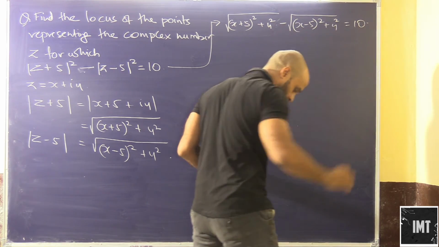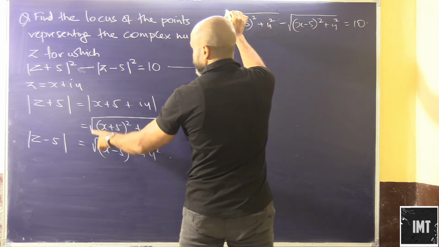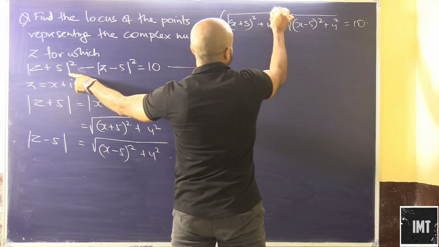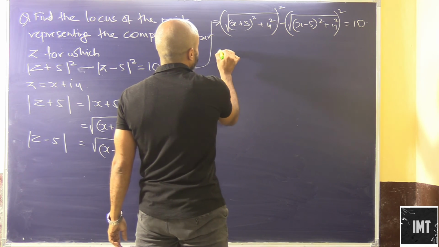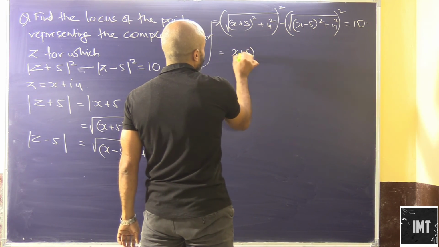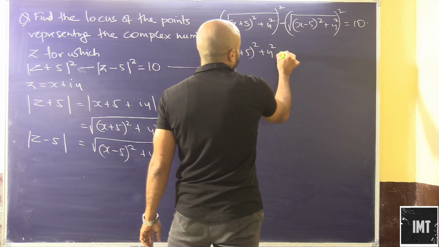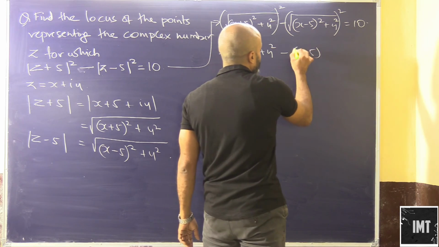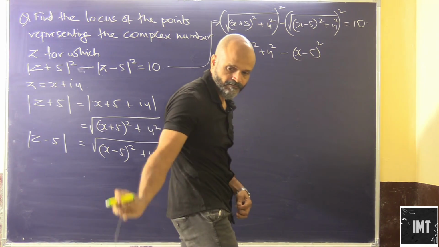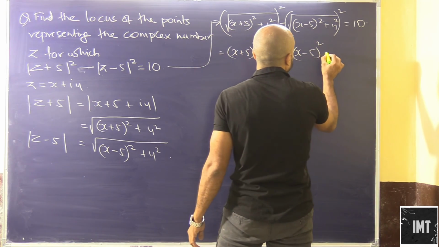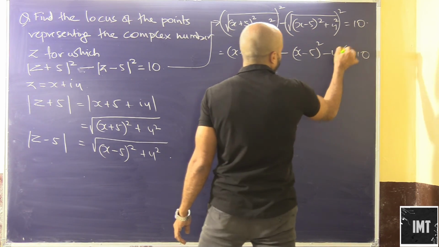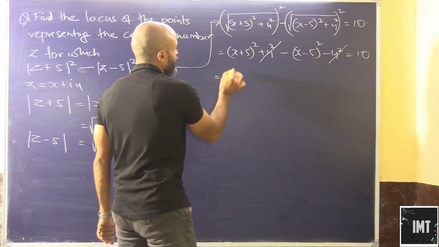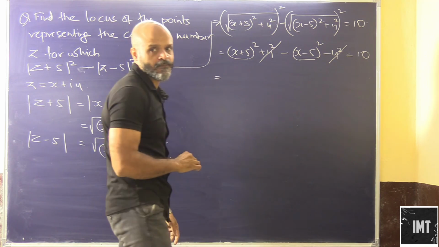This is equal to 10, or rather this is mod z square, so this square and this square is equal to 10. So this will be x plus 5 square plus y square minus x minus 5 square minus y square, equal to 10. Obviously the y squares get cancelled. We have here x plus 5 square minus x minus 5 square.